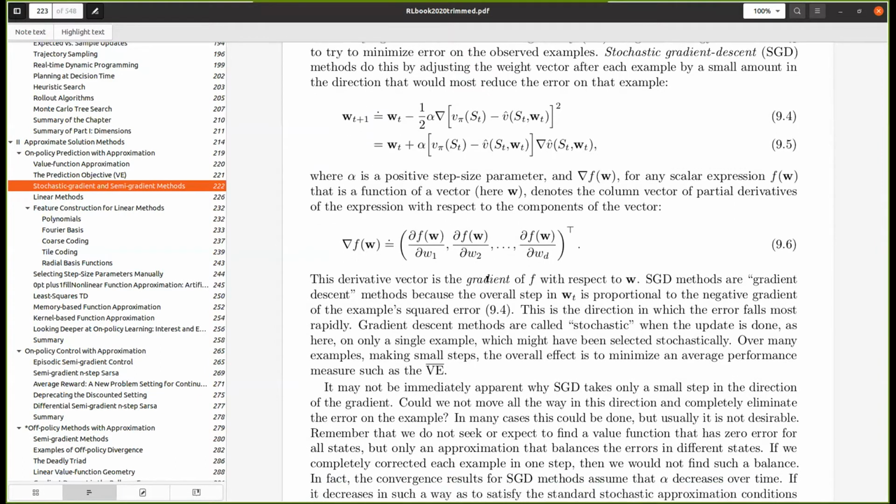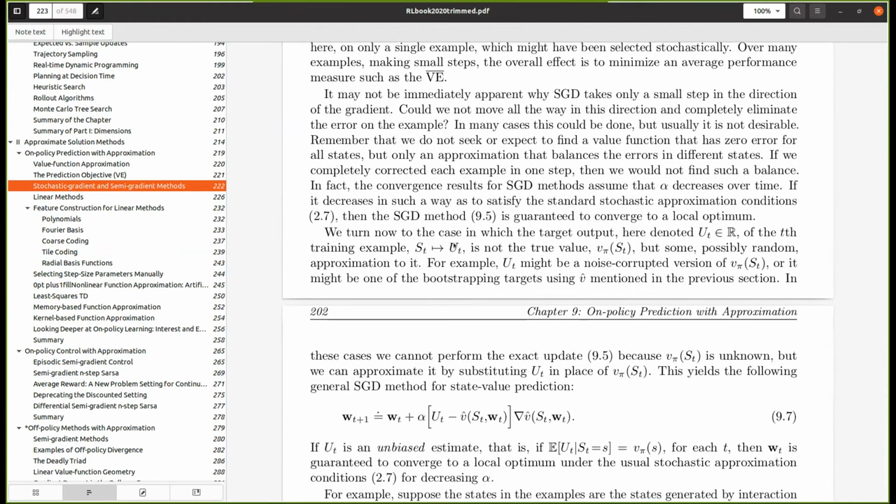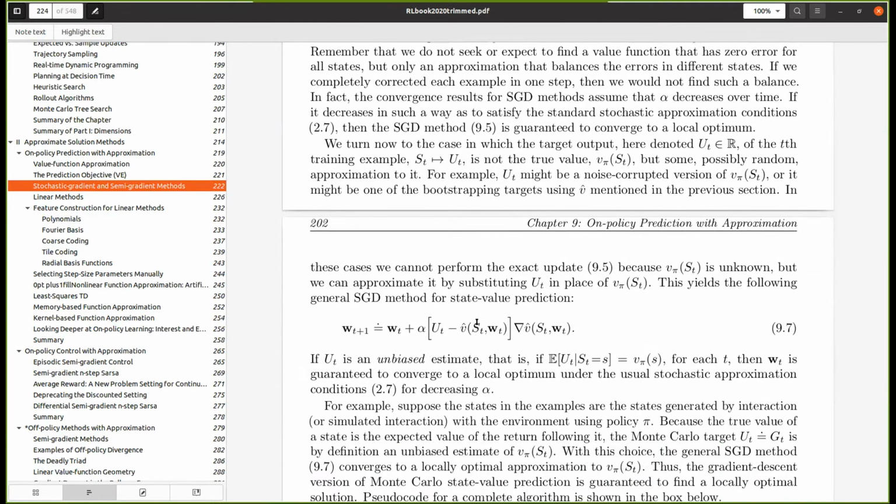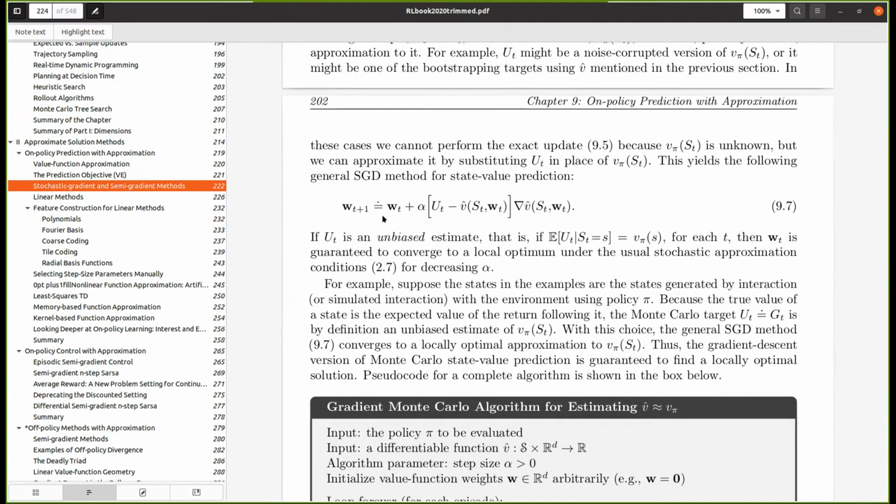But we will define some update objective, denoted here as u sub t, and what it would be depends on the reinforcement learning algorithm we use. Okay, so we rewrite the update equation using this newly introduced update objective, and it becomes like this.